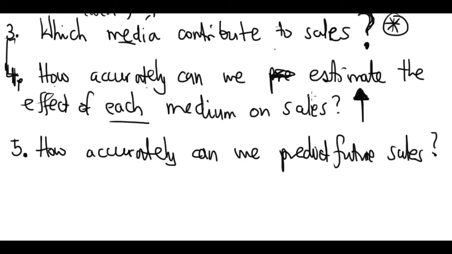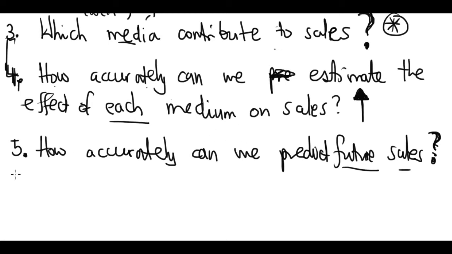Now we want to know, okay, cool, now we have our model. How accurately can we predict future sales for months or years that we haven't reached yet? We've created our model that predicts the sales that are going to happen, let's say in any year. How accurately can we now predict future sales in 2020 using our model? That is question number 5.